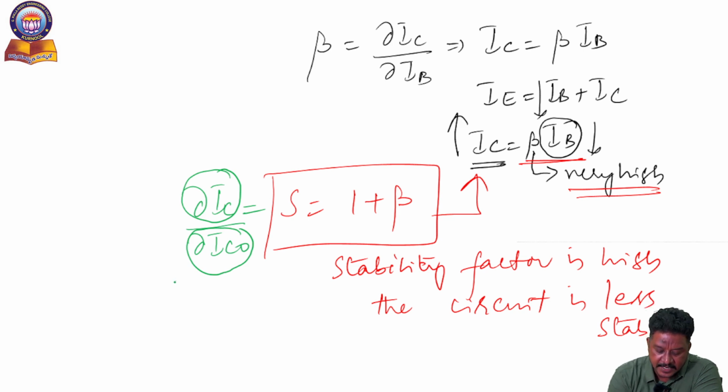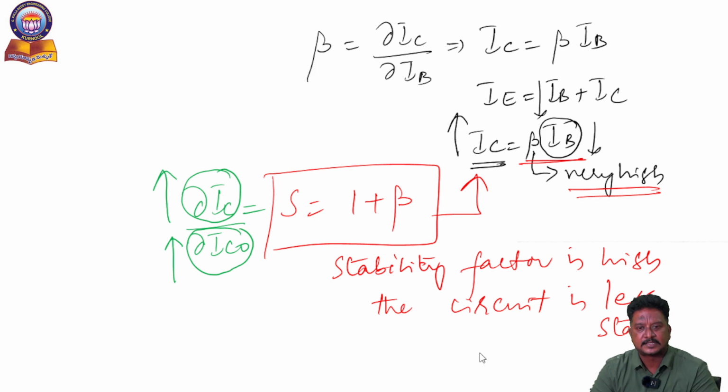As the reverse saturation current increases, obviously the numerator value also increases. Then it is not good for the circuit. Indirectly the circuit is less stable. Why? Because the collector current must depend upon the input current only, but the collector current is depending upon the reverse saturation current. That's why the circuit is less stable.